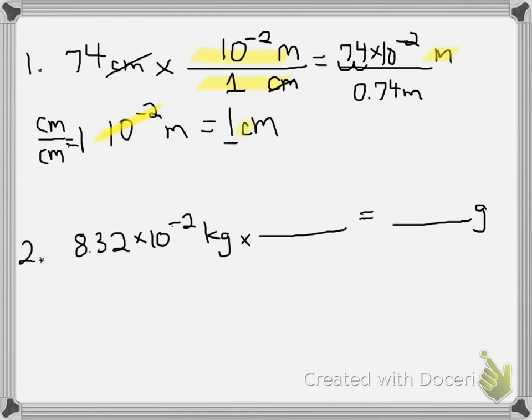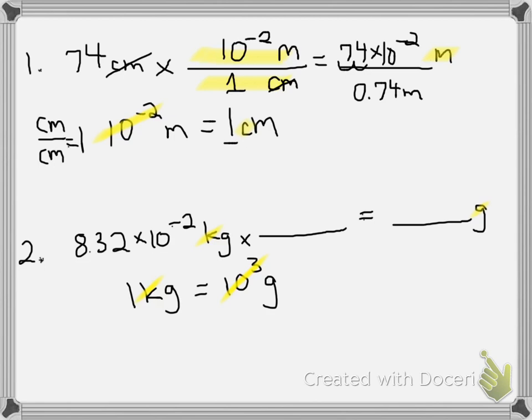So in the next one, our prefix multiplier is kilo, and I'm trying to get it to regular grams, our base unit. So I know that 1 kilogram, kilo means 10 to the third grams. So again, I am just replacing the K, kilo, with 10 to the third, because those are the same exact thing. That's what kilo means.